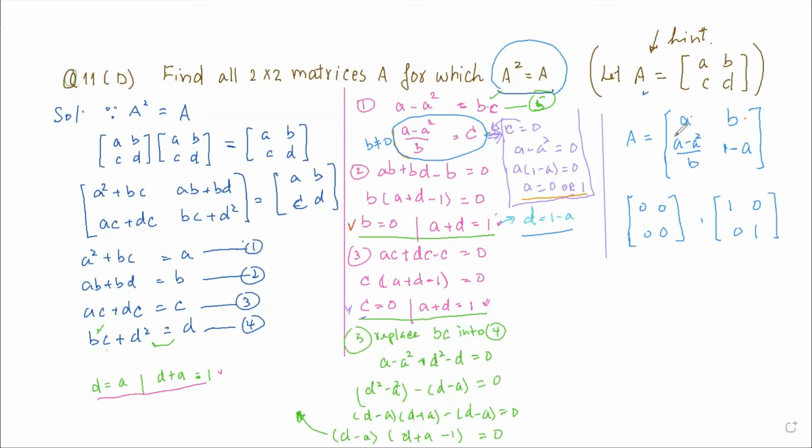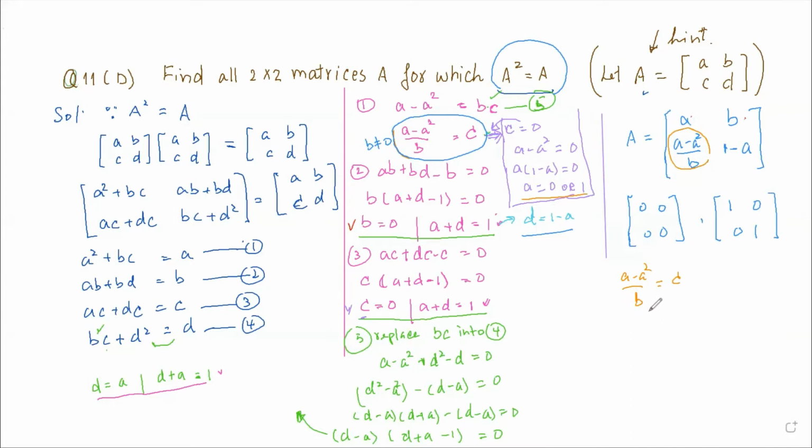Okay, but in this location, from this one, right now we analyze for this term. Because A minus A square over B is equal to C, correct? But B couldn't be 0.